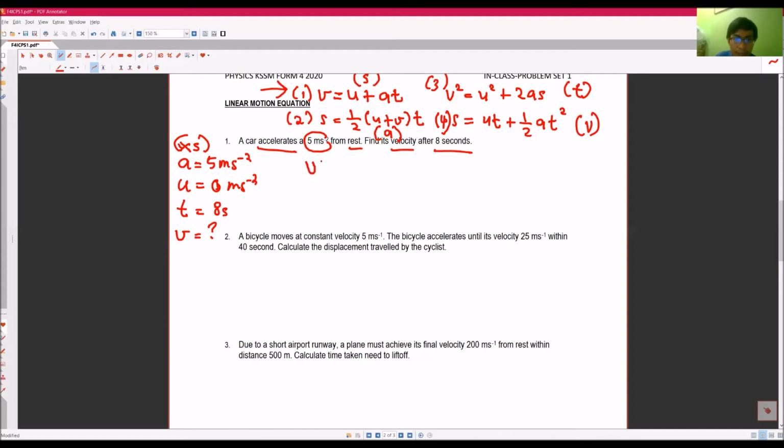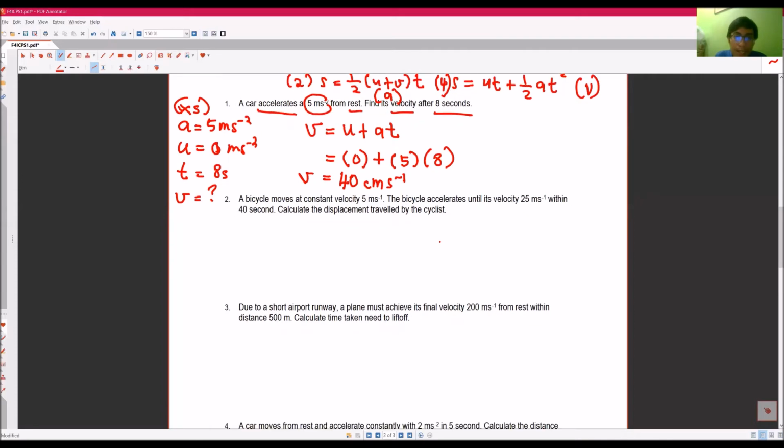Let's rewrite the equation. We need to find v, so we don't need to rearrange, just plug in like usual. U is 0, a is 5, t is 8, so we get 40 ms-1.